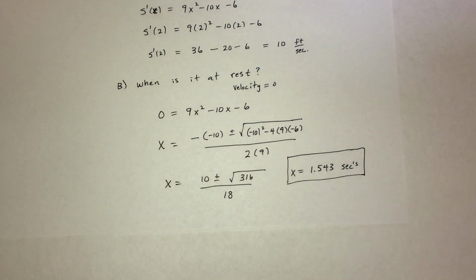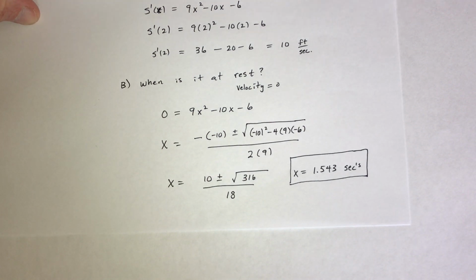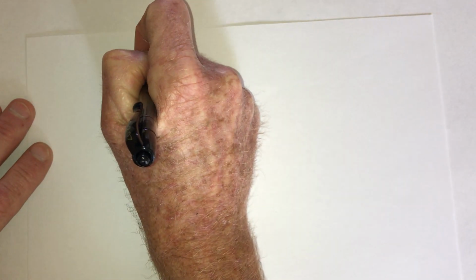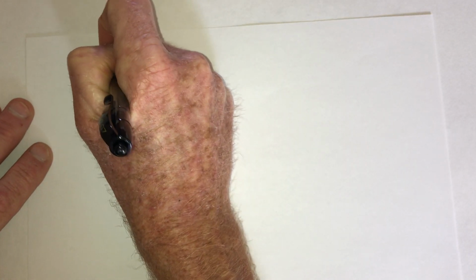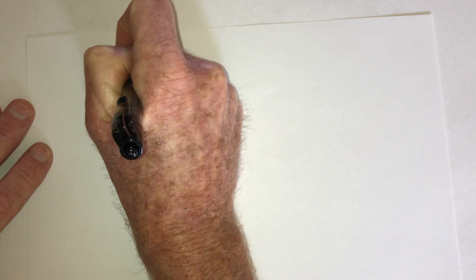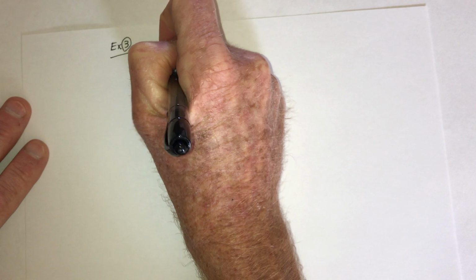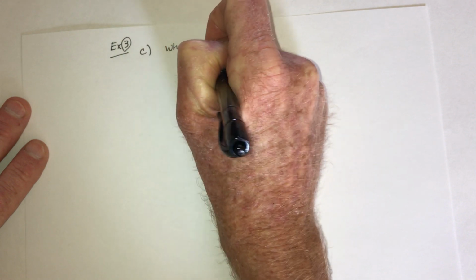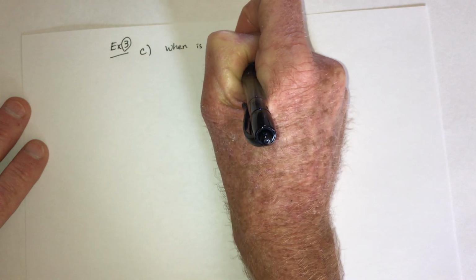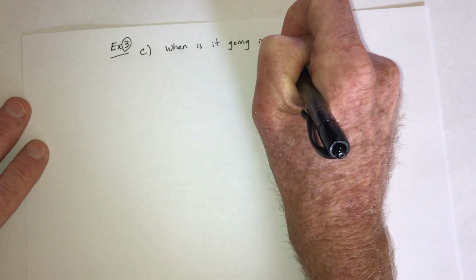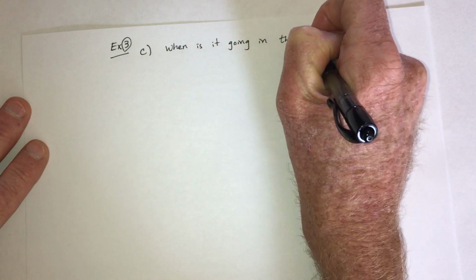All right, then on to part C. So this was example 3, and then for part C, when is it going in the positive direction?